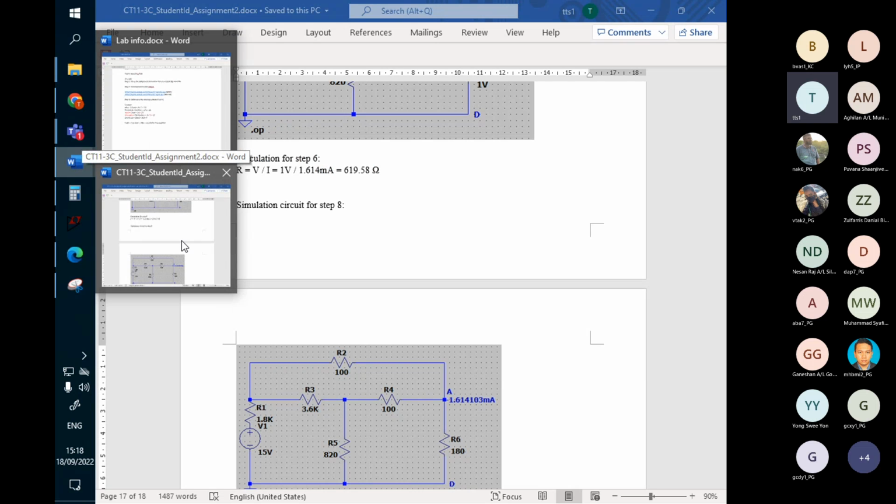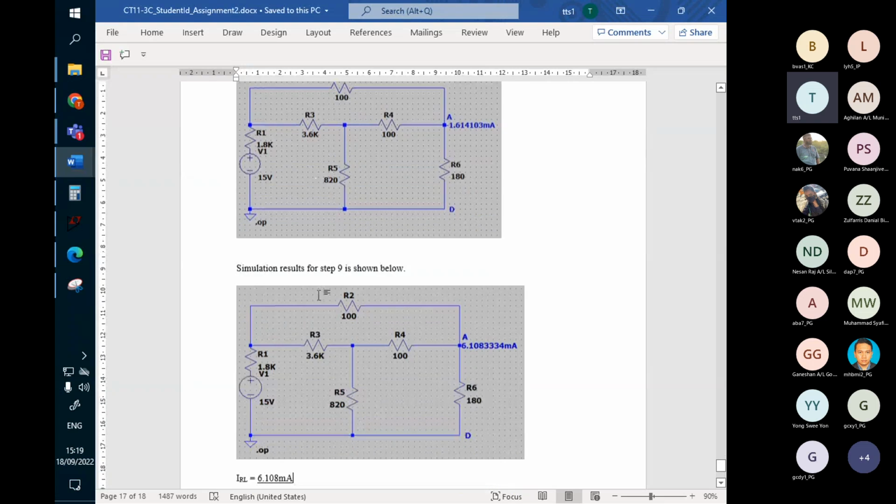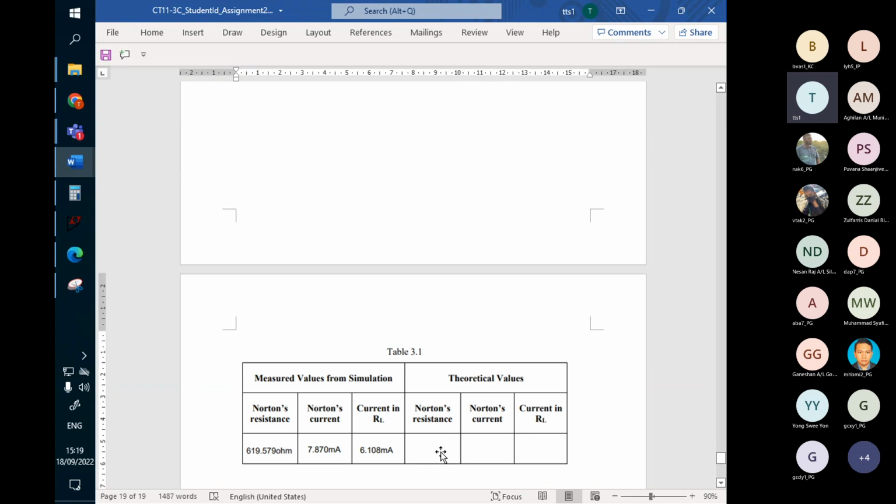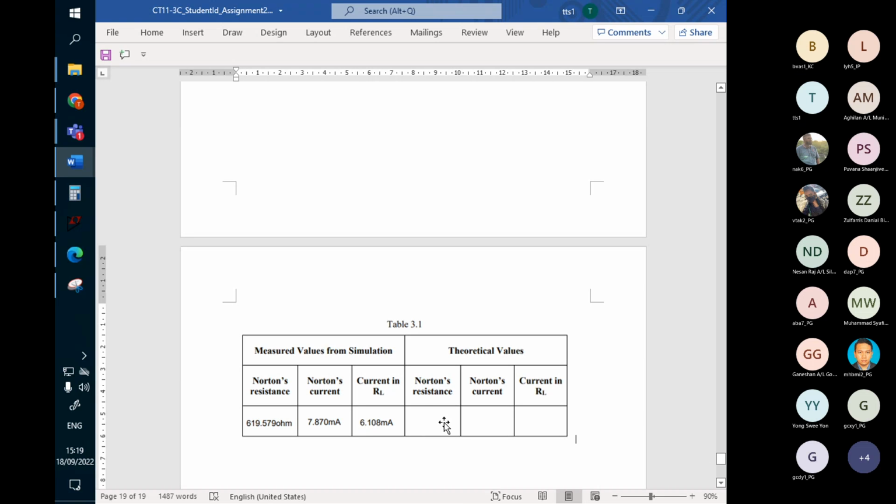So I'm going to put this one under the result also, but three more you need to fill in. Of course, it should be about the same, otherwise it doesn't prove that this theorem is working, right? If you're getting a different result, most likely you are making a mistake. So your result here must tally with the simulation result, because I already confirmed with you this is the correct result. Whatever value you come up with, make sure it is similar to this one.